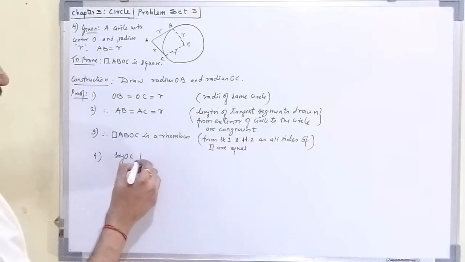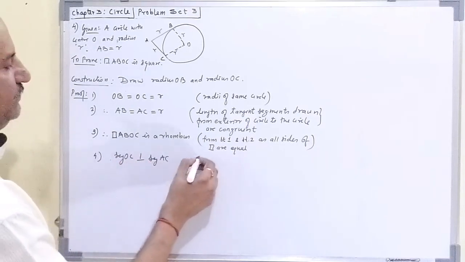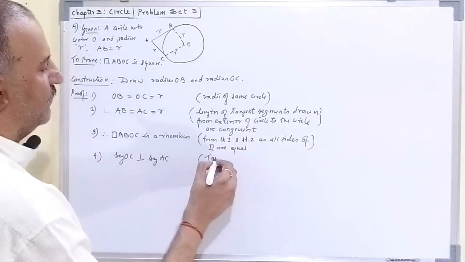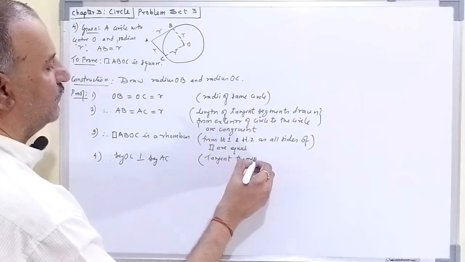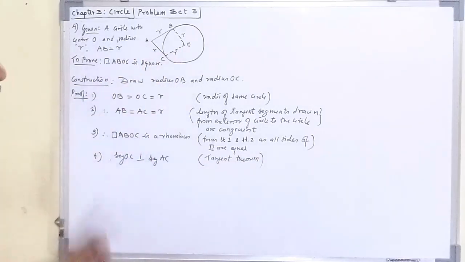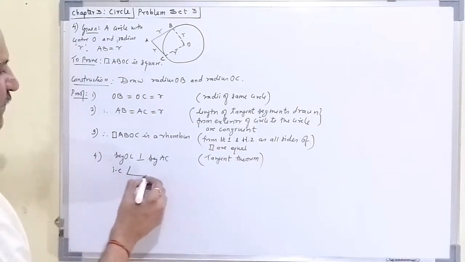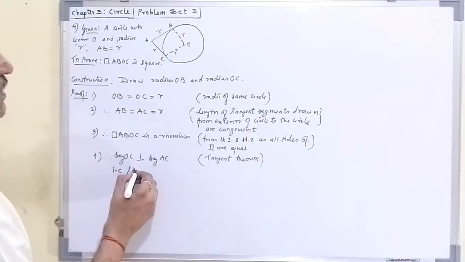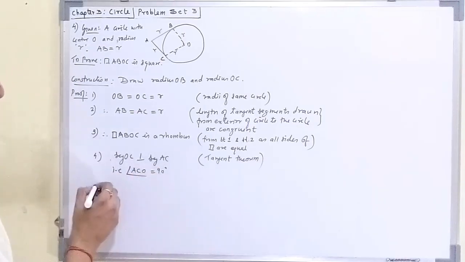Seg OC perpendicular seg AC. Tangent here. We know tangent is always perpendicular to radius. That is, we can say angle ACO equal to 90 degrees.